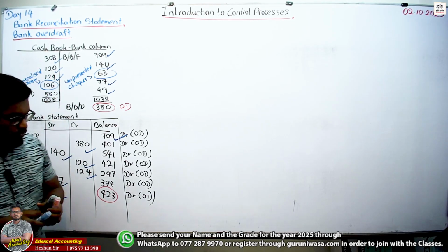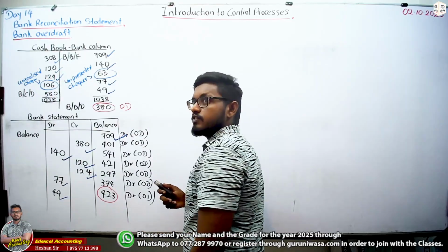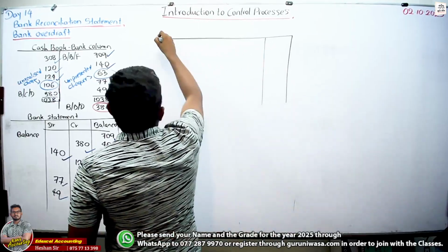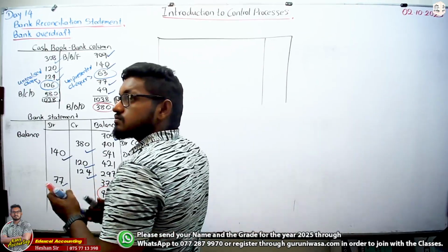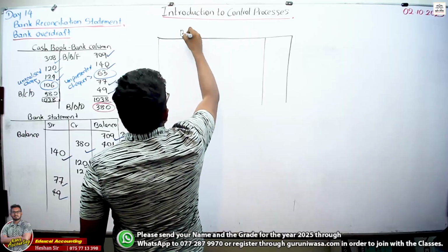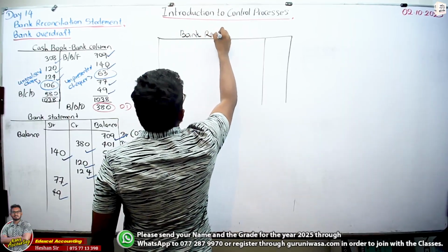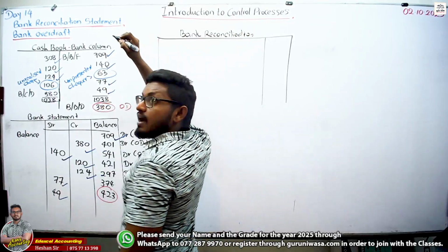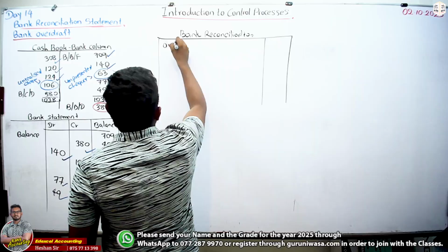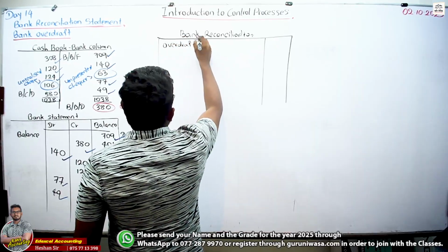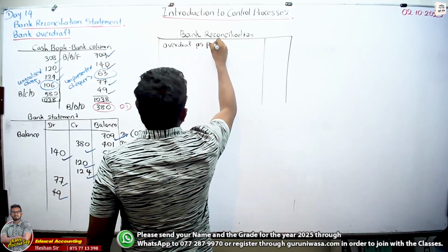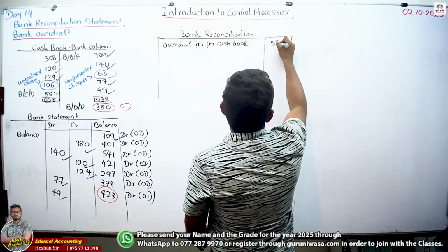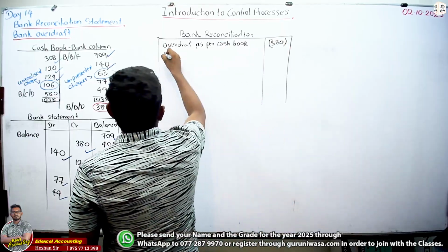Now what I want to tell you: in any case, if we prepare the bank reconciliation, when we take the overdraft as per cash book, we need to write the 380 as minus, plus and minus.